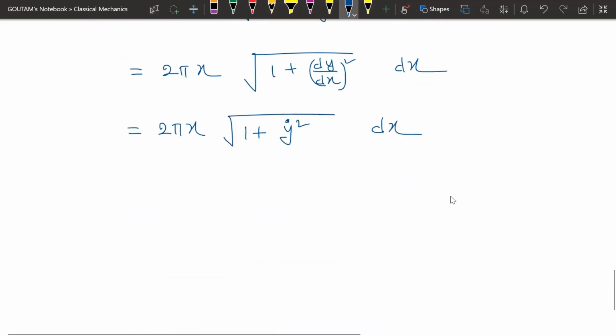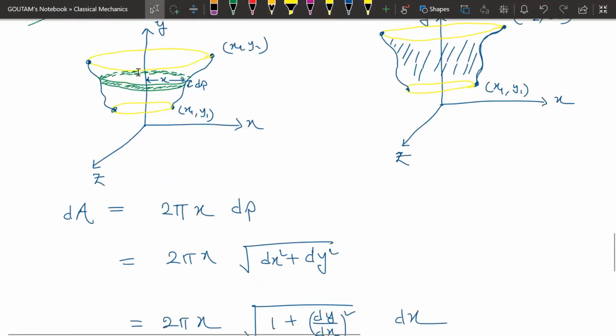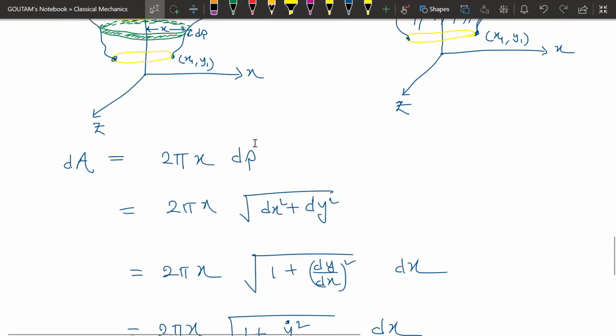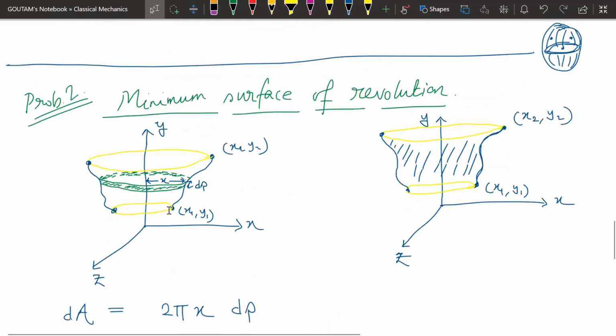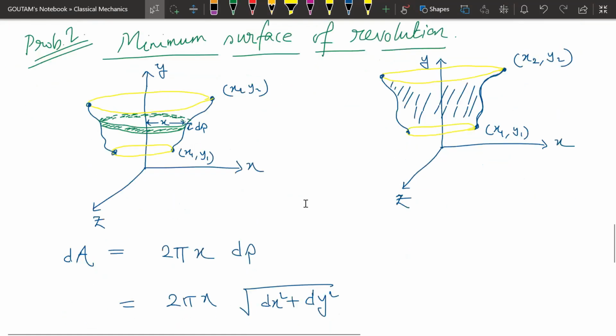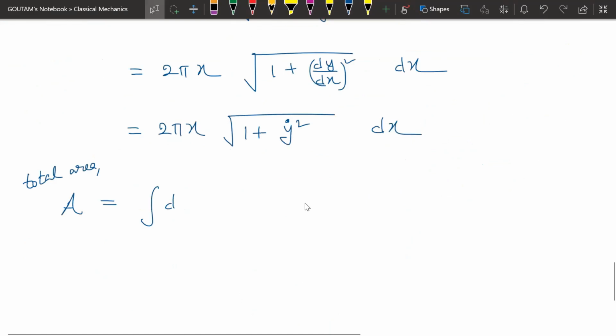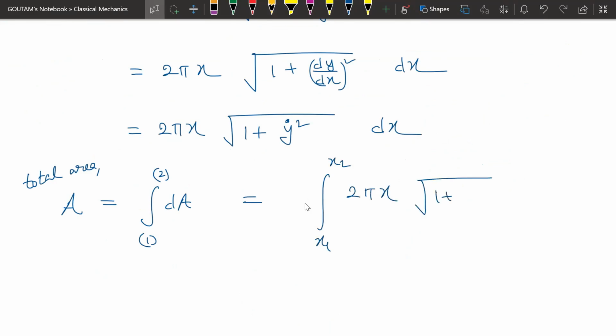So the total area, this dA is called the infinitesimal area of this strip. The total area of this whole surface, if we rotate this curve along the y-axis, will be the integration of dA from point 1 to point 2. In that case, from x1 to x2, it will be 2 pi x root under 1 plus y dot square dx.